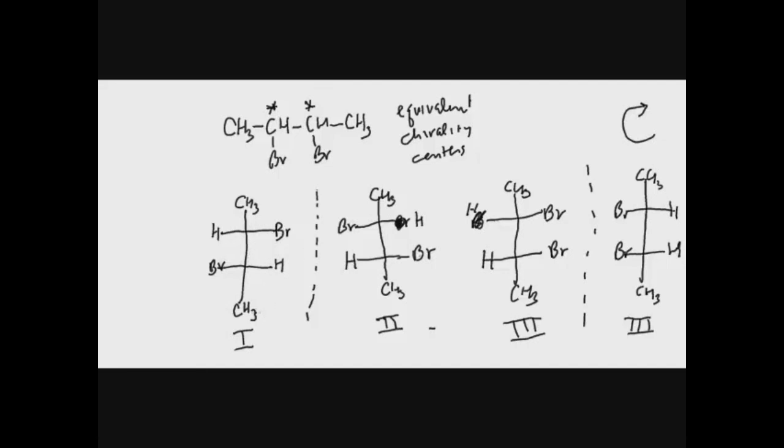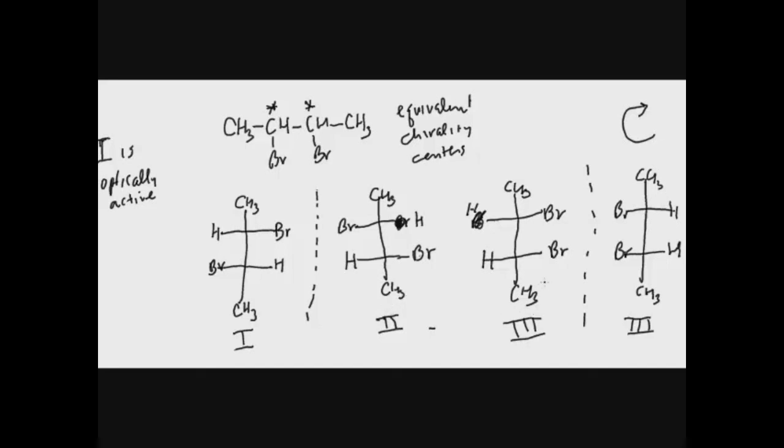So 1 is optically active. All right, 2 is optically active. It's the enantiomer of 1. 1 and 2 would have the same specific rotation but be opposite in sign. I don't know which is negative, which is positive. You'd have to introduce it in the polarimeter to tell.